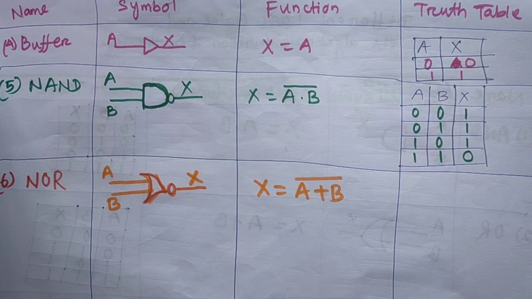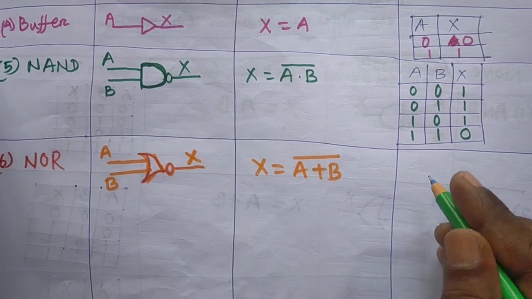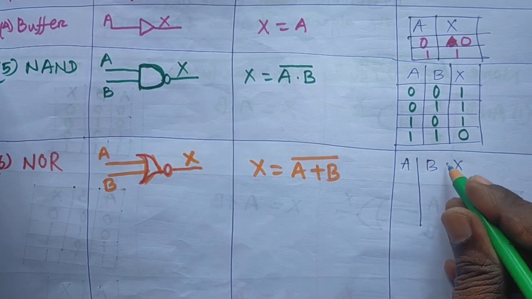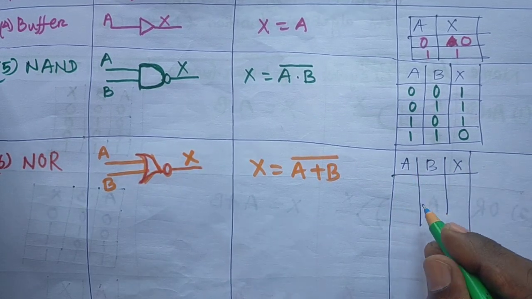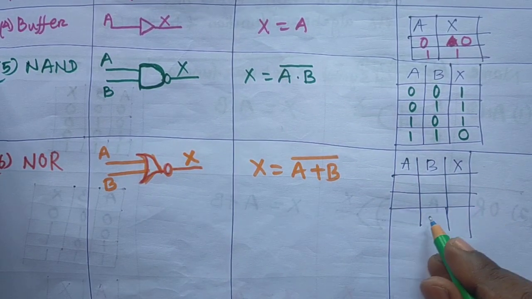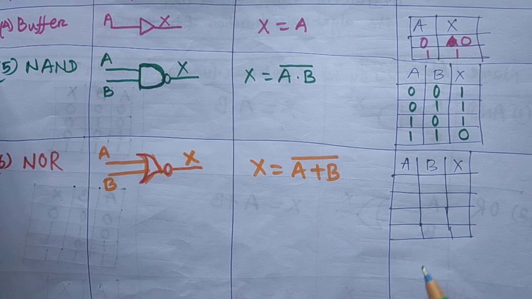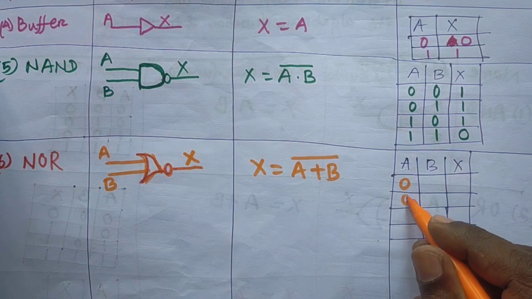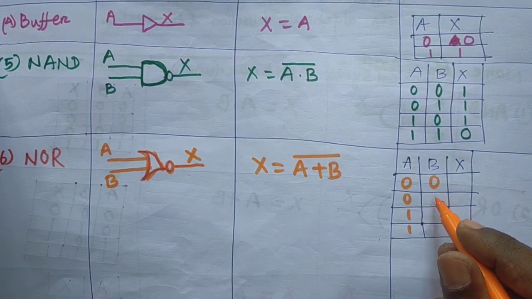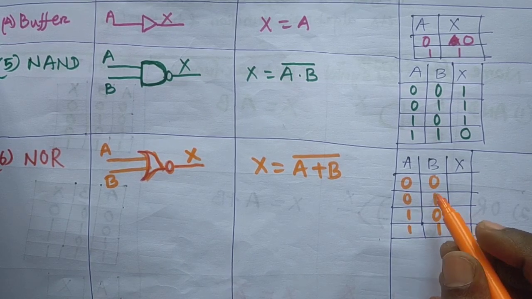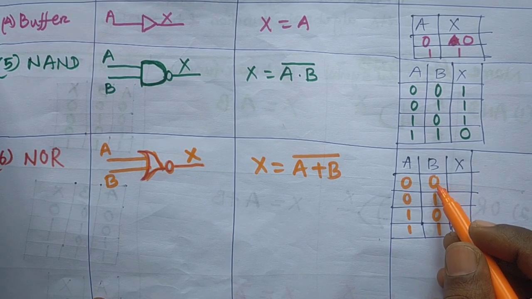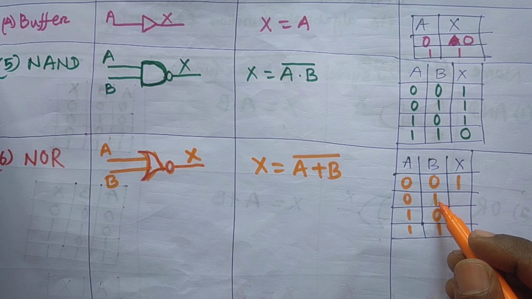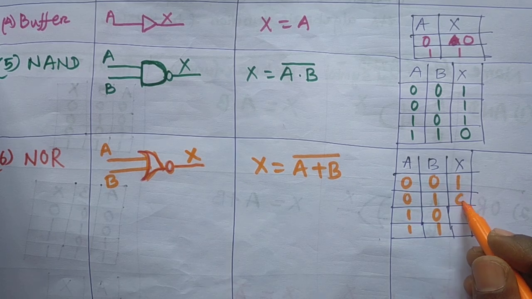Now see the truth table, A, B, X, in a very simple way. A similarly 0 0 1 1 and B 0 1 0 1. 0 plus 0 is 0, but since it is a complement, it will be 1. 0 plus 1 is 1, complement is 0.